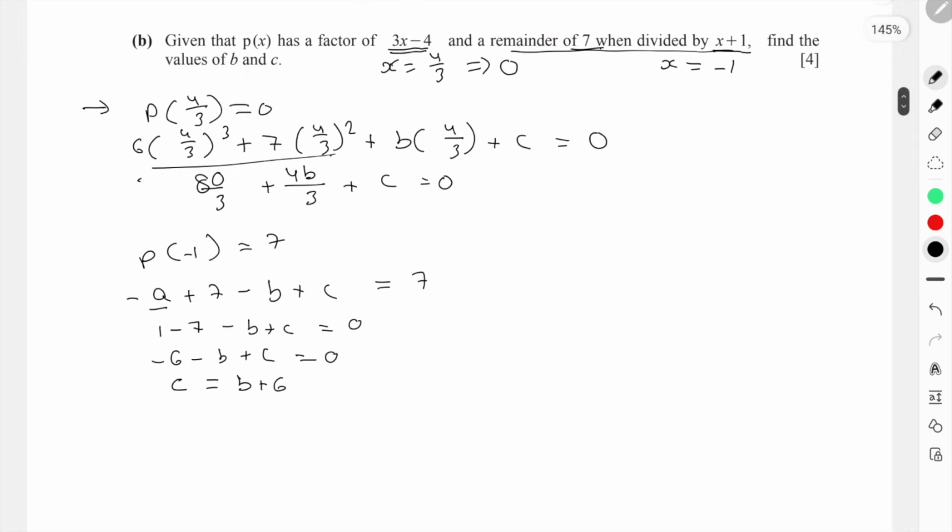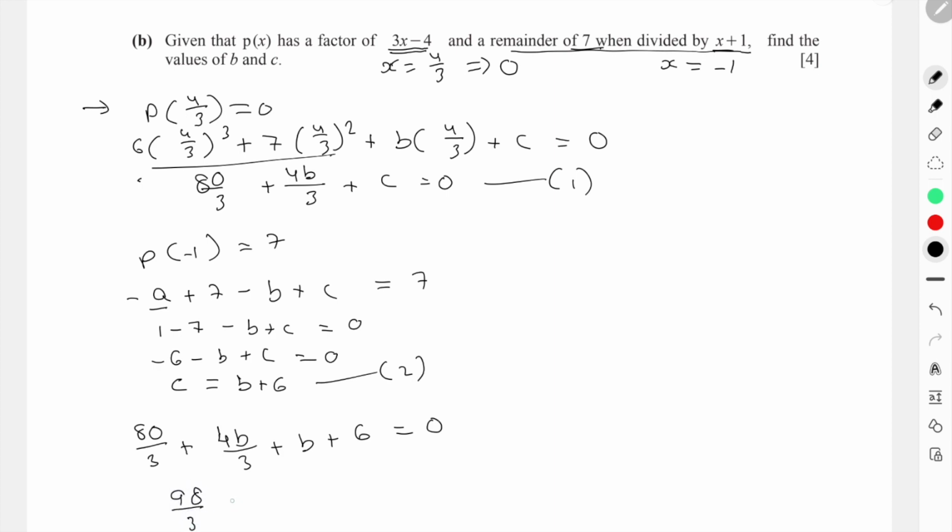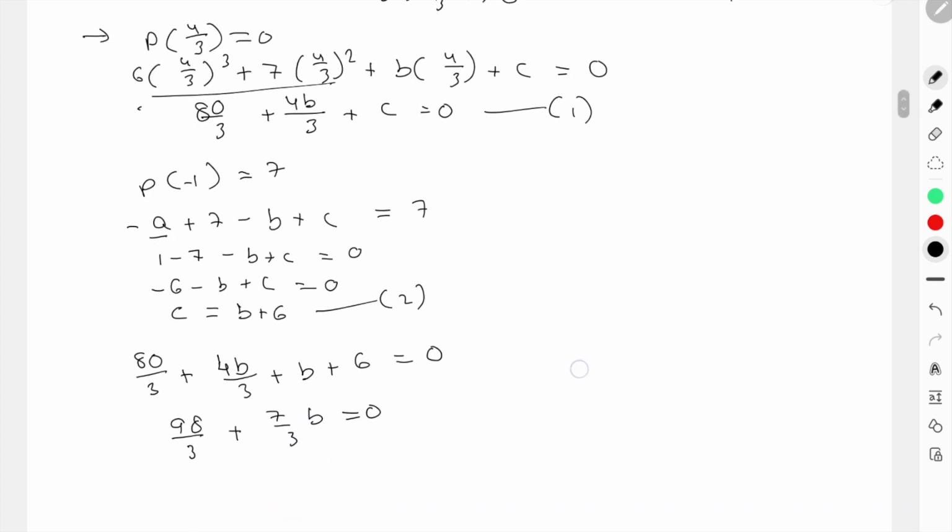And now let's plug this back into the first equation. That's 98 by 3 plus 7 divided by 3b.